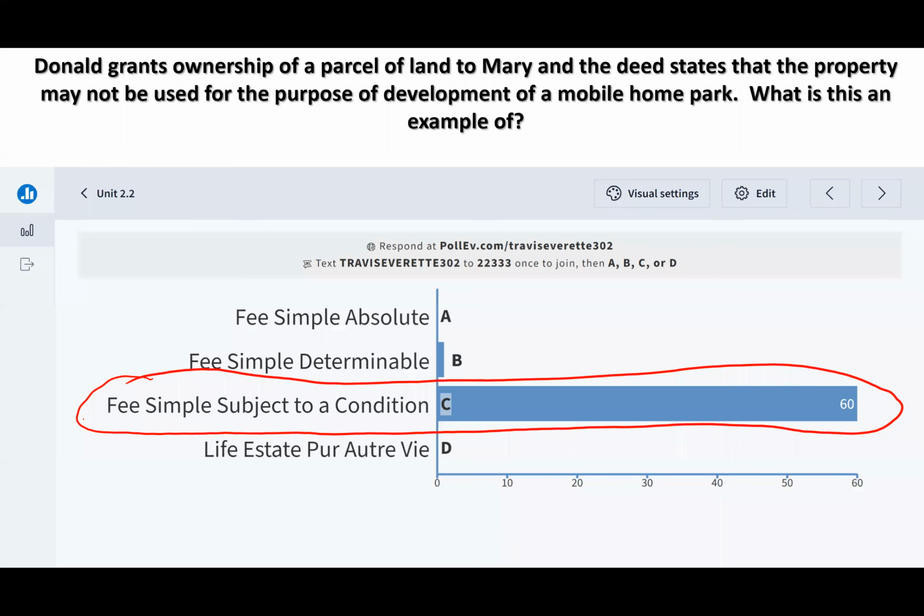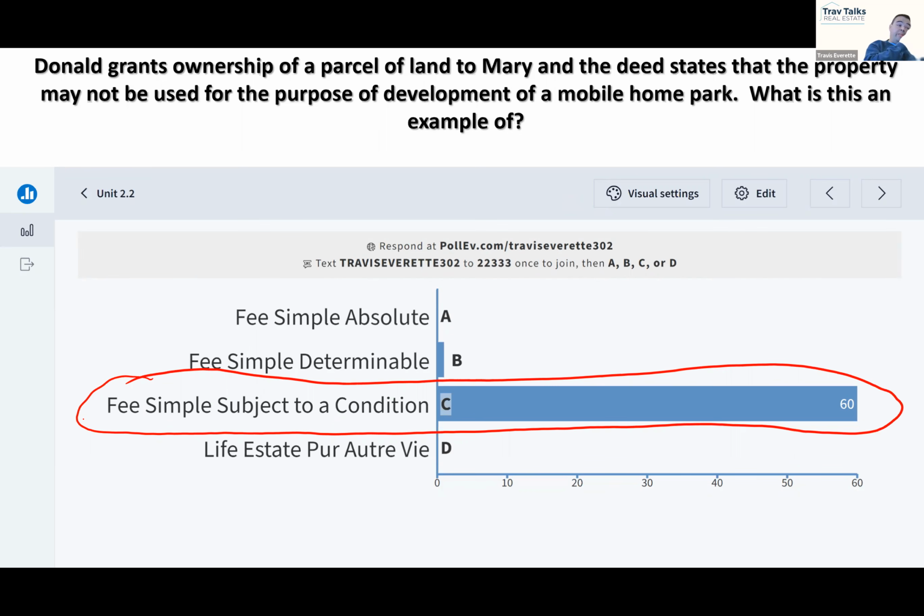The subject to a condition, I like to think, all right, you can have it, but under one condition. It even sounds nicer, right? You own the property as long as you follow these conditions. But with determinable, it's like you own the property, but we have determined you can only use it for this. That's it. Right. Okay. And so those are the use-based restrictions that a grantor can place on the property.